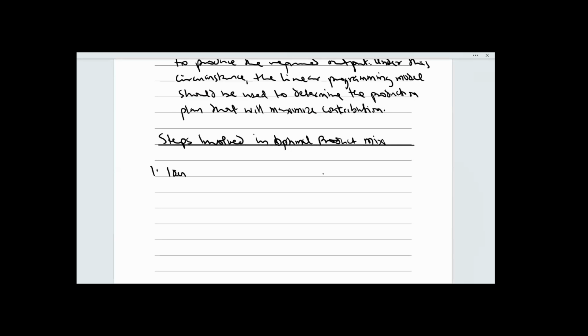Identify the key limiting factor. We said that the key limiting factor is that single resource that is limited in supply. So how do you identify it?